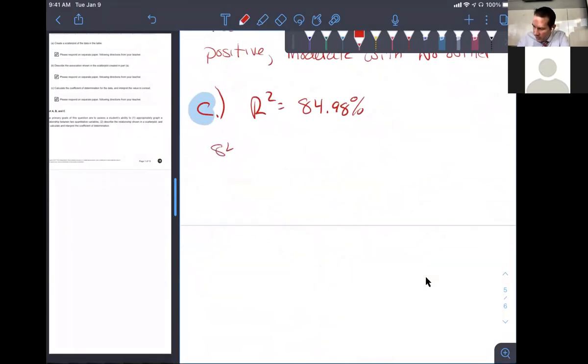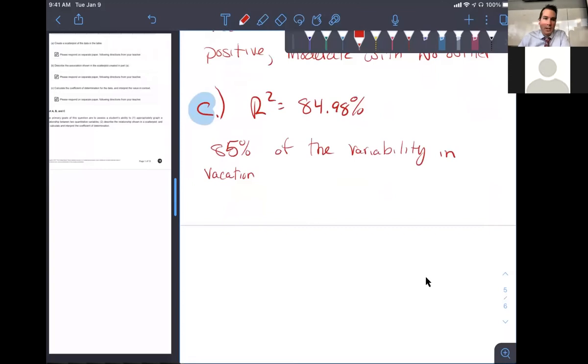Let's just say 85% of the variability in vacation spending. Isn't it of the X first? Nope. So we're looking at the variation in spending that is due to income level.